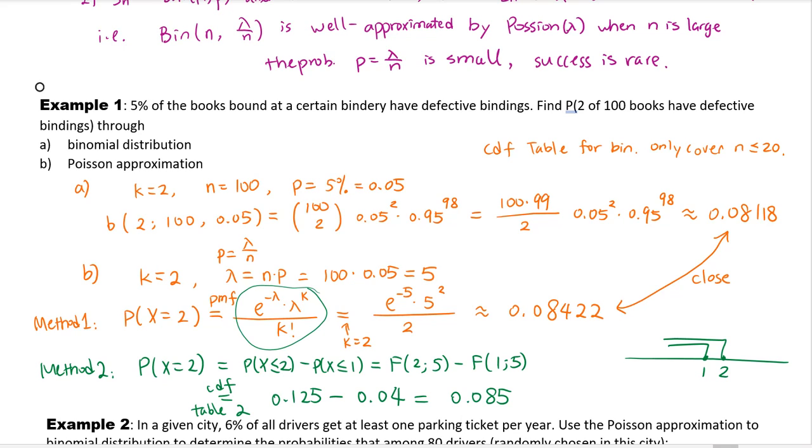It involves powers, divisions, factorials, etc. So that's why for binomial distribution and Poisson distribution, I suggest you use the CDF values: table 1 for the binomial distribution and table 2 for the Poisson distribution.